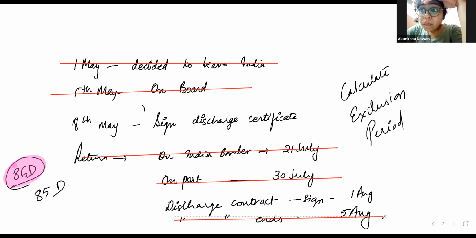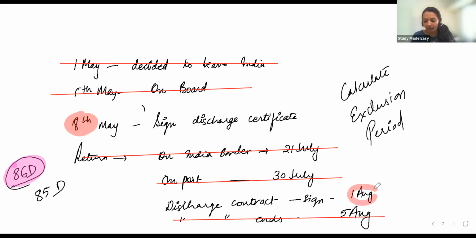Just you have to calculate time from this and time from this only, and that is excluded because when he signs the discharge certificate when he was going and when he comes back and again signs the discharge certificate that I'm back, that time period will be excluded. So this was all irrelevant. Got it?